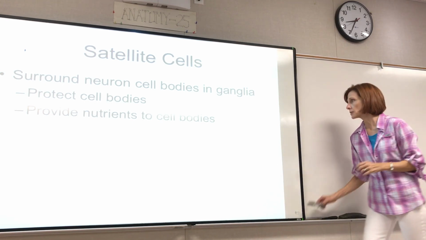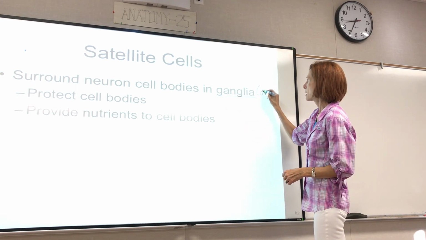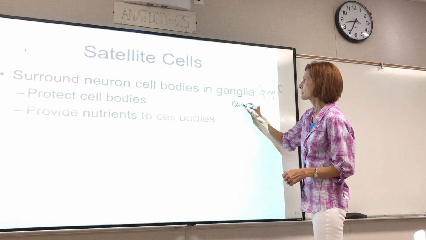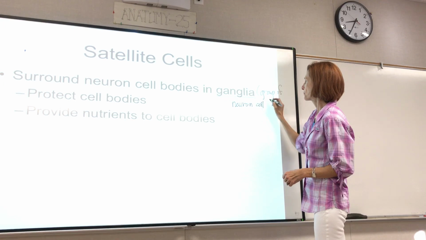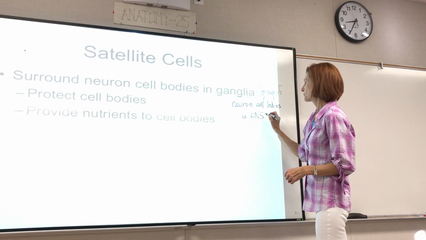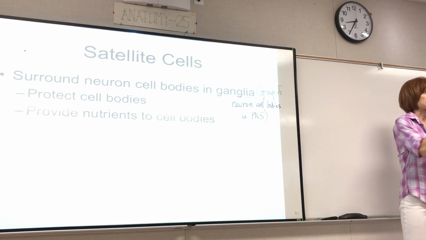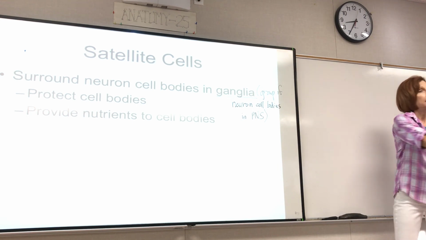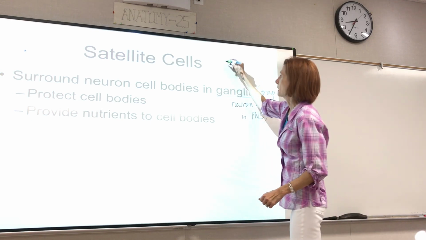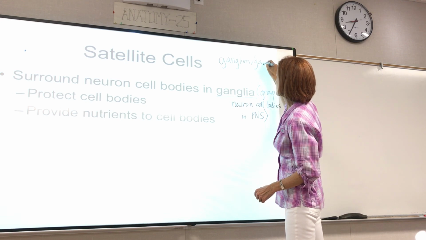A ganglion is just a grouping of neuron cell bodies out in the peripheral nervous system. This is how neurons are organized. They have their cell bodies located in little groups, and then their axons travel together. Ganglia is plural, ganglion is singular, just so you know.